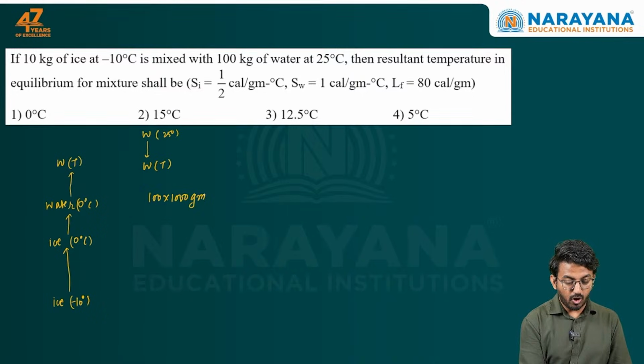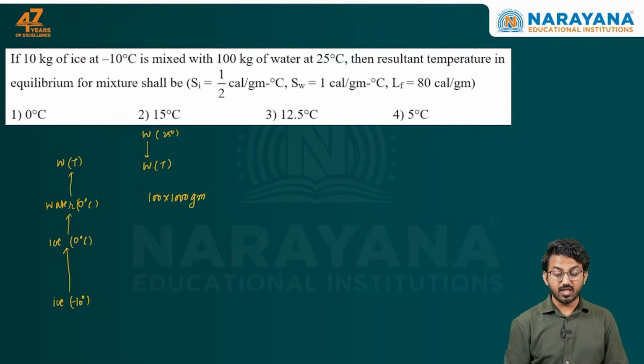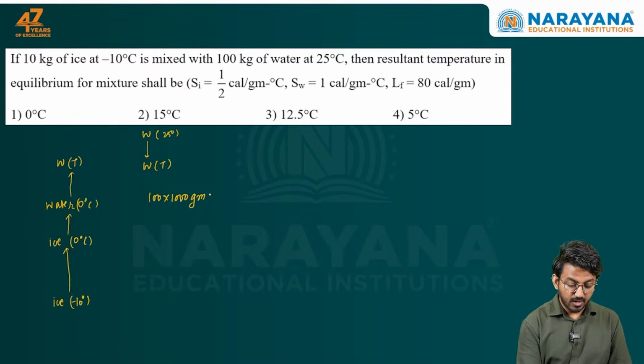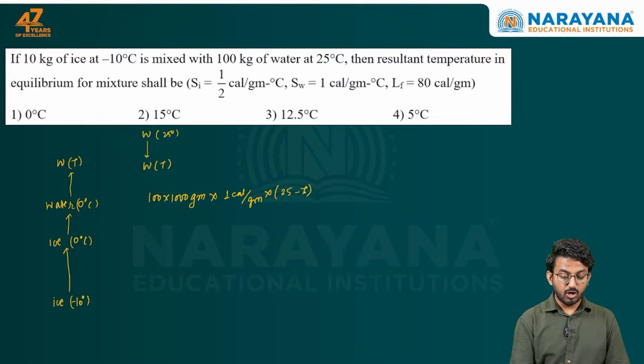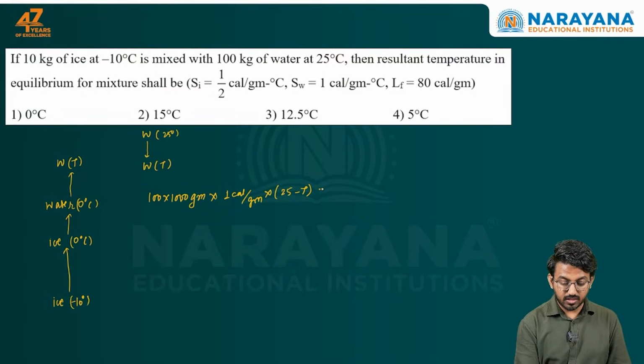Why? Because all the data about specific heats is given in calories per gram. So this is for water. Water is going from 25 to T. This is the heat lost by water here.